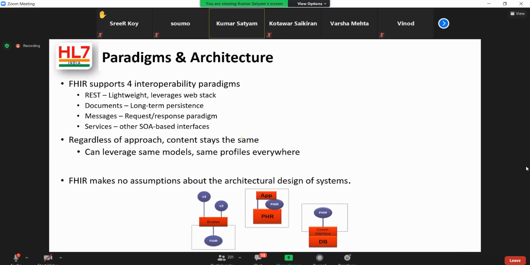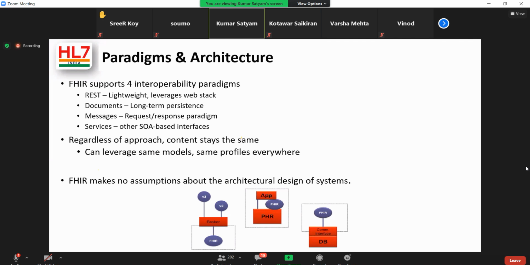But a document will have many things: not only the patient information, but who was the author, what was the observation, when was the patient admitted, when was the patient discharged. A lot of things come in to form a document, and the document is something that is actually stored and that you can use. So FHIR supports that mechanism of creating and exchanging documents natively.